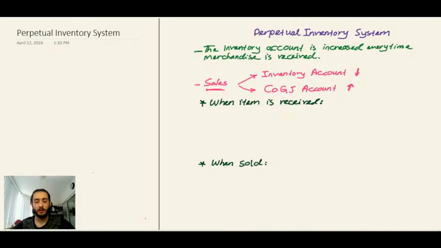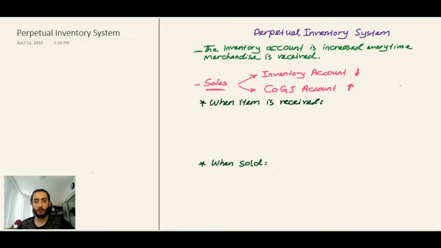We talked in the previous video about the periodic inventory system and how we can manage inventory using that system, and we said that there is another system that we can use to manage inventory, which is the perpetual inventory system.